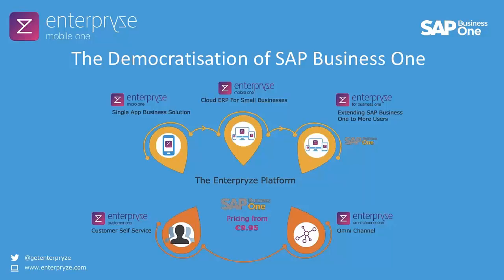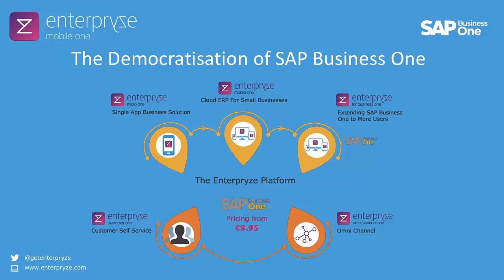And what we have now is the Enterpryze Micro One solution, which is this single app based solution that really micro organizations can leverage, that uses the same platform, the Enterprise platform. The customers can then either migrate seamlessly or start to leverage Enterprise Mobile One. And that solution is designed for slightly more organized businesses, but not ones that typically want a full-blown ERP solution.